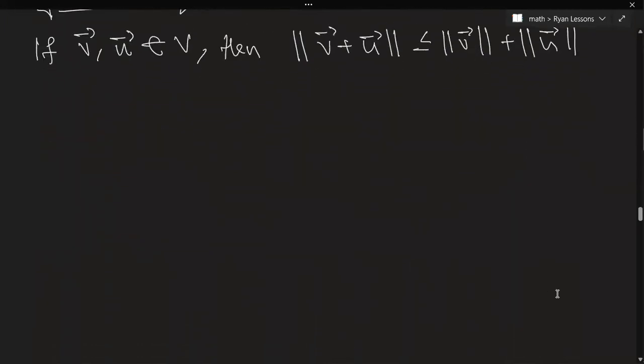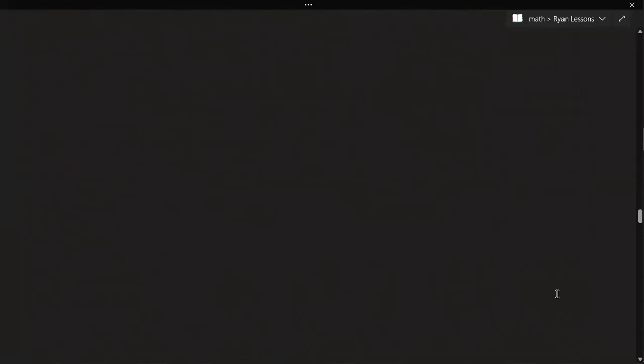But then the last item that you also want to introduce in these types of vector spaces in which an inner product exists is the angle between two vectors.